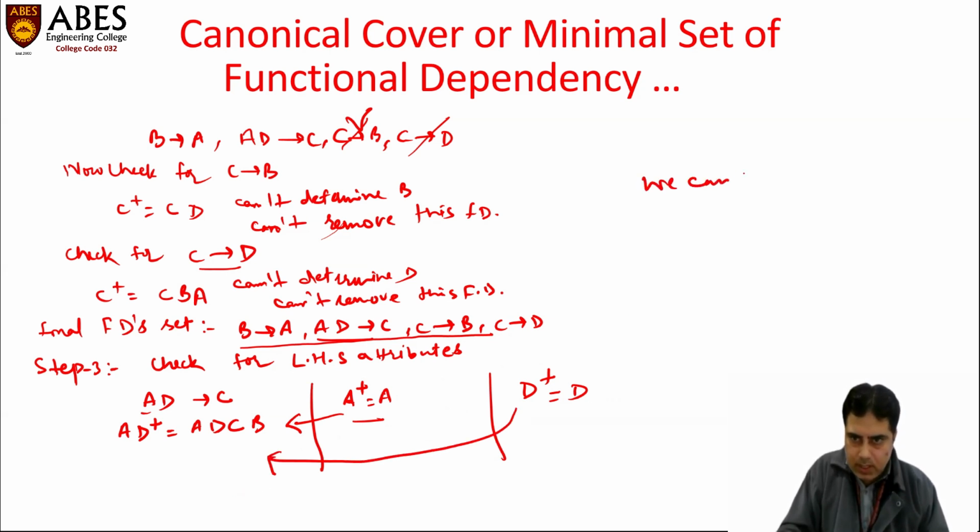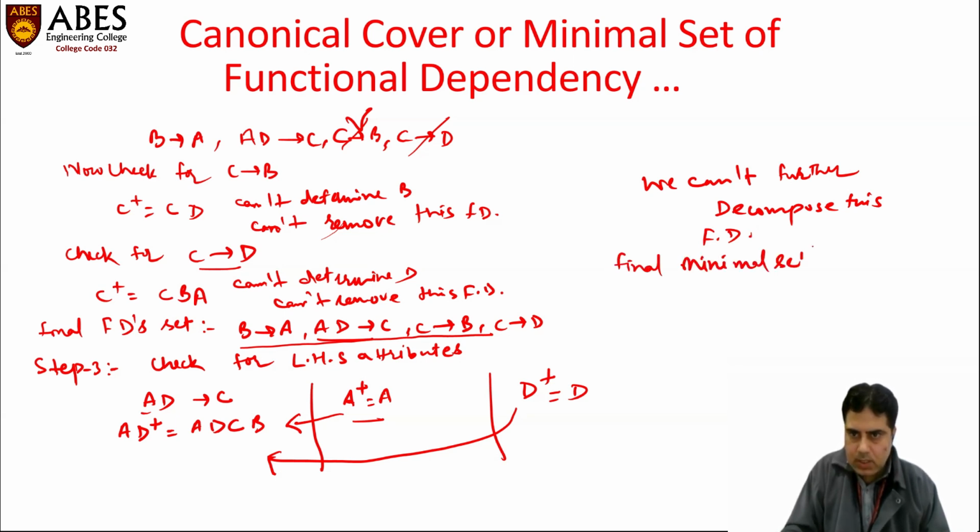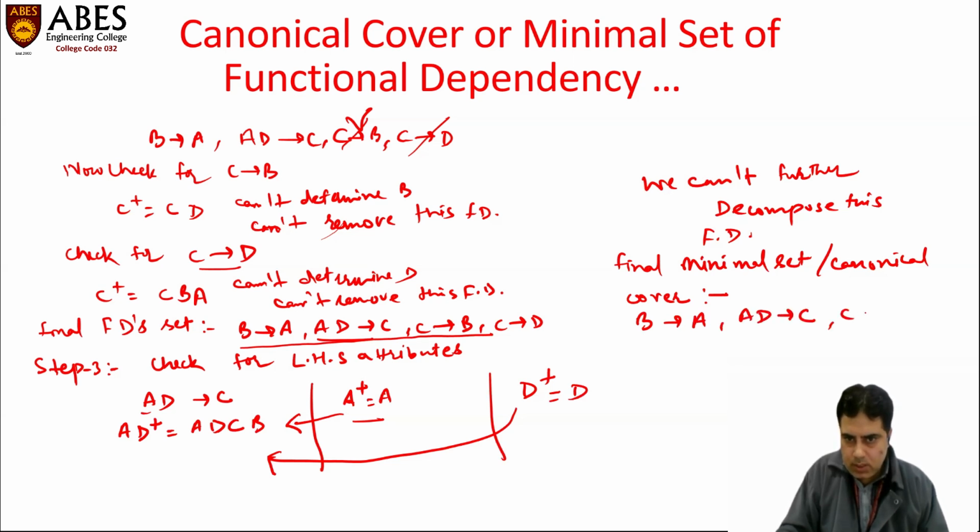So we cannot further decompose this FD. So the final minimal cover, or you can say canonical cover, of the given FDs are B determine A, AD determine C, C determine B, and C determine D. Finally, you can write this as B determine A, AD determine C, and C determine BD.